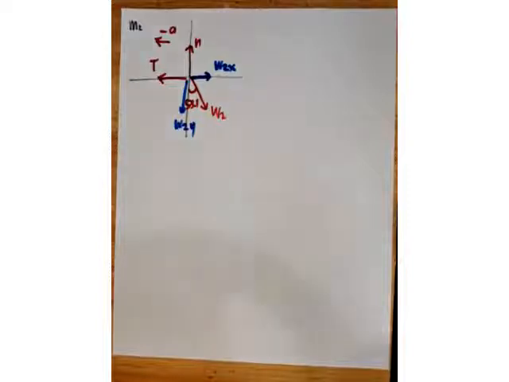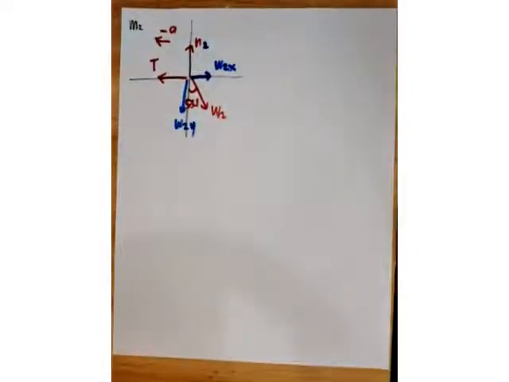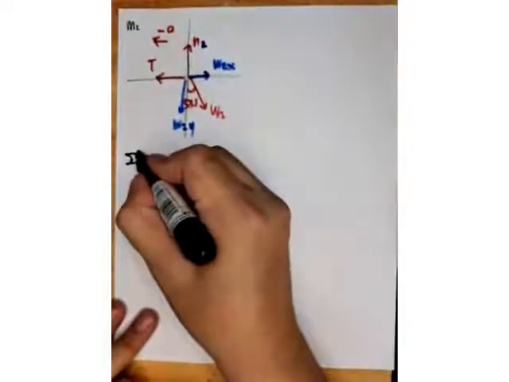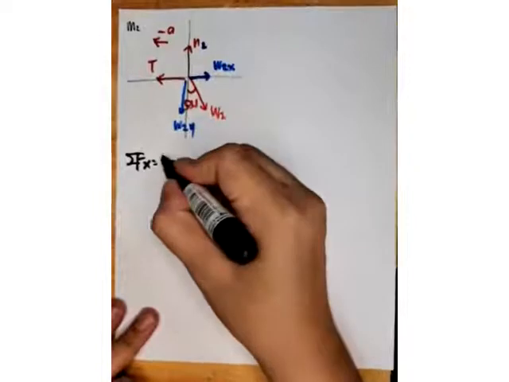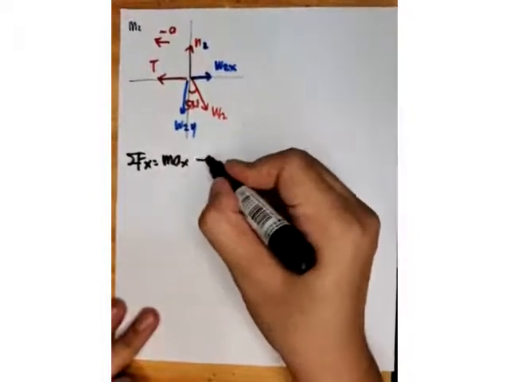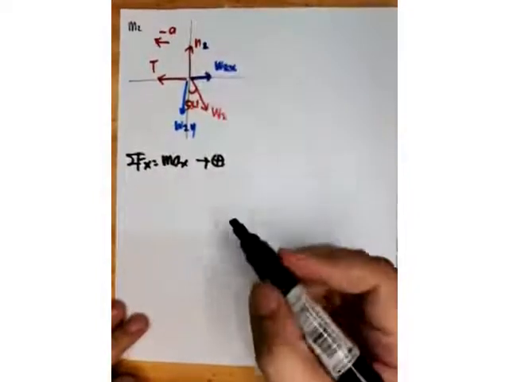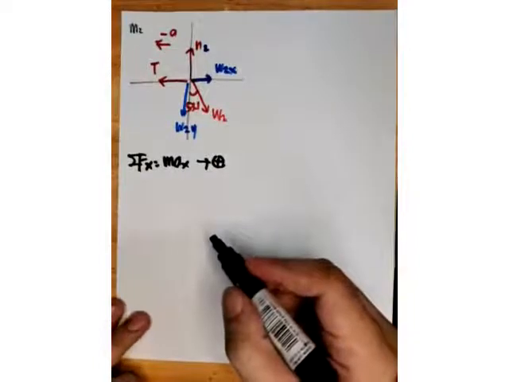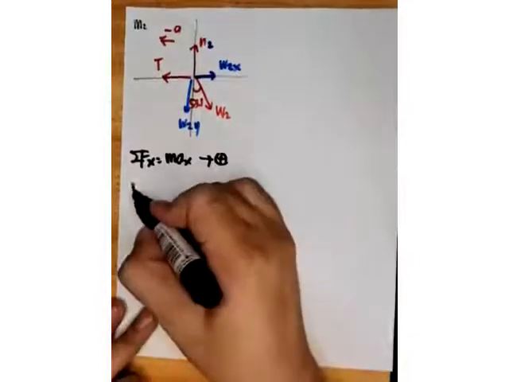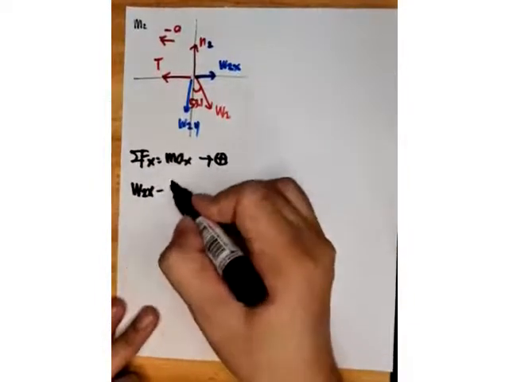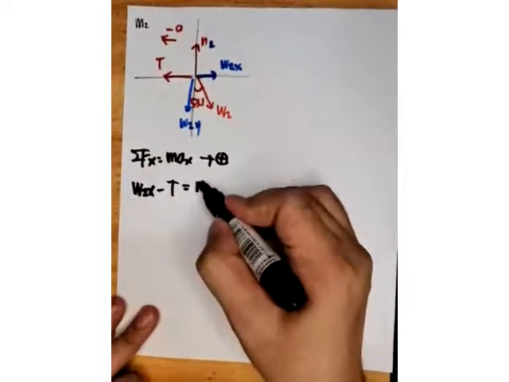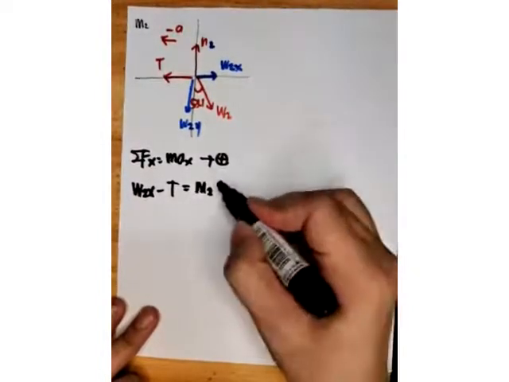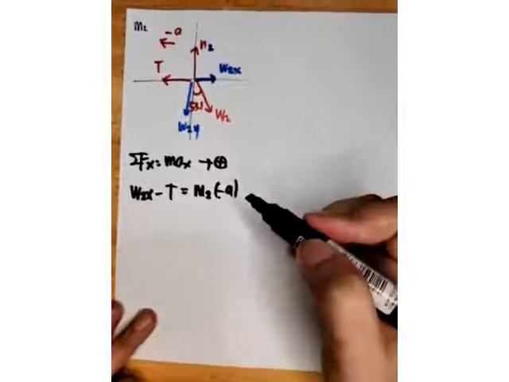Normal 2 pala to. So that means we'll proceed directly to along x. So summation of forces along x is equal to MAX. So pakanan ay positive. So we have W2x minus tension is equal to M2 times negative A.